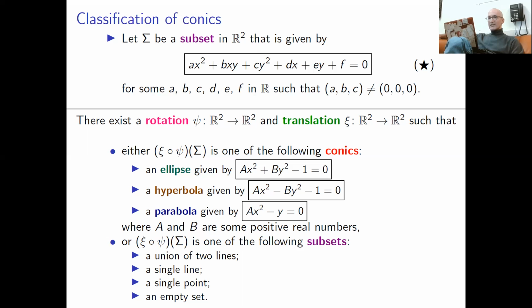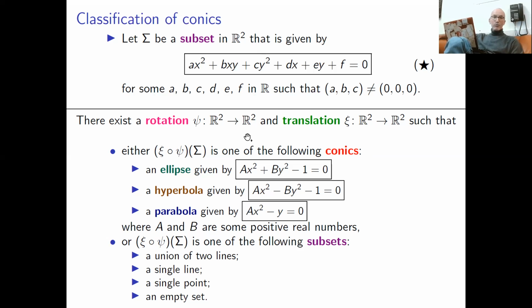But these two equations are of different nature. One cannot be transformed into the other using rotation and translation. So this is a more delicate question which is going to follow from the proof of this theorem.